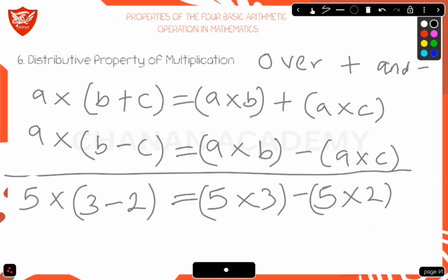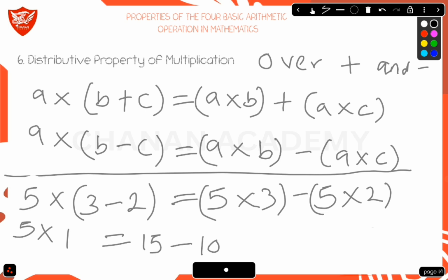So the result for this side will be 5 multiplied by 3 minus 2, the result is 1, equal to 5 multiplied by 3 is 15 minus 5 multiplied by 2, the result is 10.